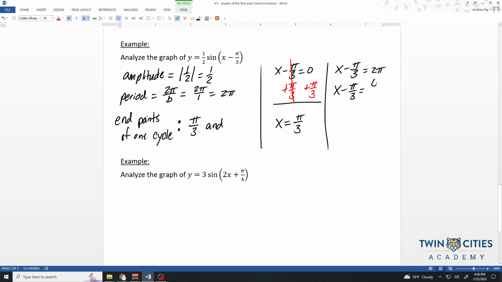That's 6. This is the same as saying 6 pi over 3. Now, since I've got a common denominator, I can just add pi over 3 to both sides. Okay, so I'll get x equals 7 pi over 3.